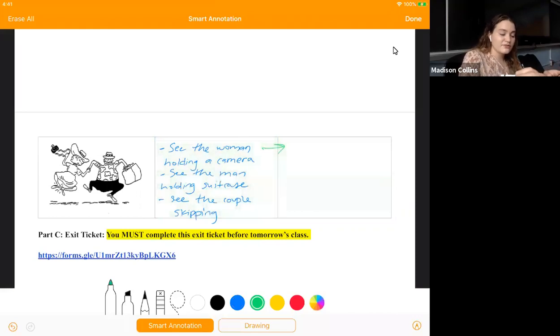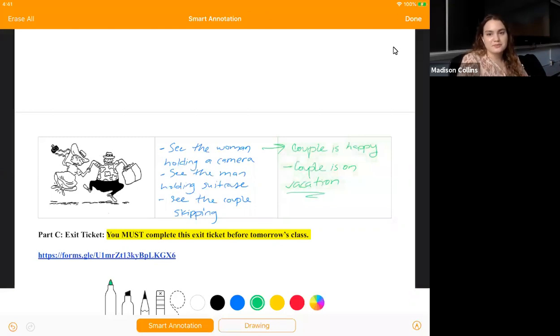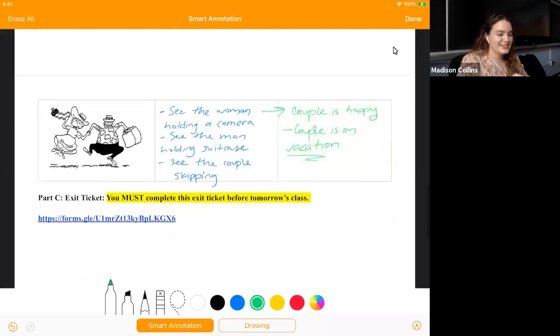Well, I can infer that this couple is happy because do you know anyone who skips around if they're mad? Okay, so I'm going to infer that the couple is happy. And finally, I'm also going to infer that this couple is on vacation. All right, because I see that suitcase and because I see a camera, I'm going to infer that they're going somewhere special.